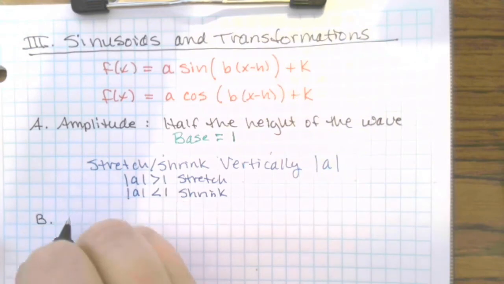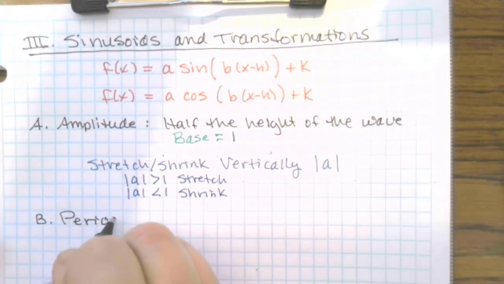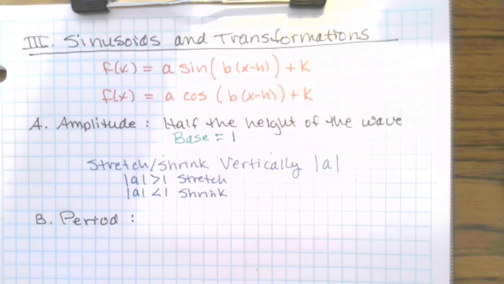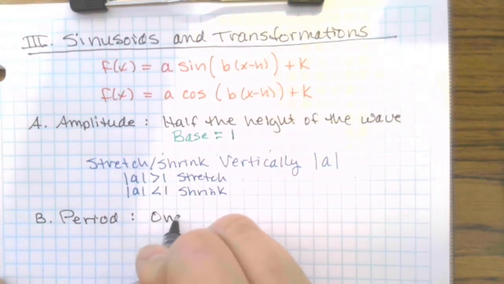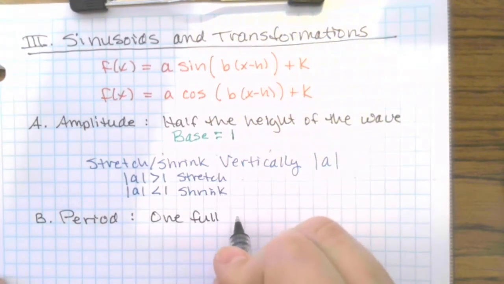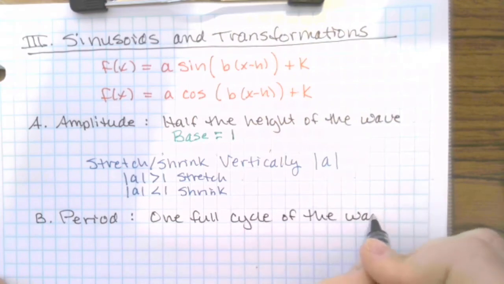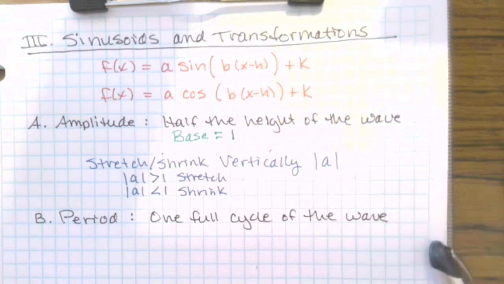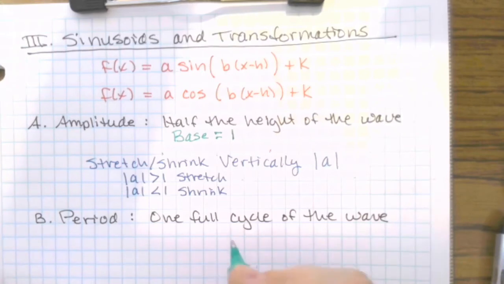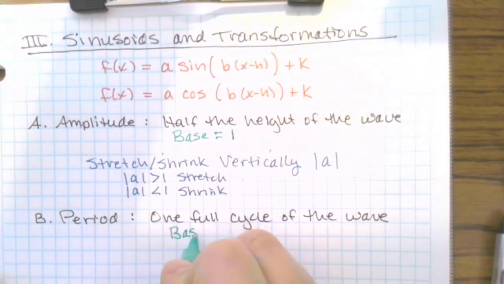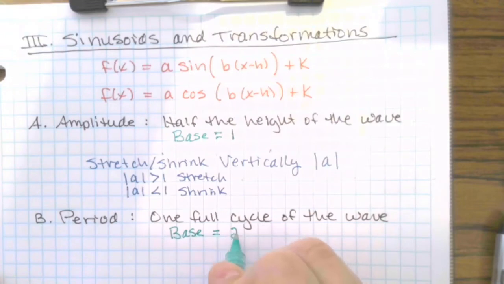Okay, B, the period. A period is one full cycle of the wave. On your basic graph with nothing done to it, so on your base graph, your period for cosine and sine is 2 pi.